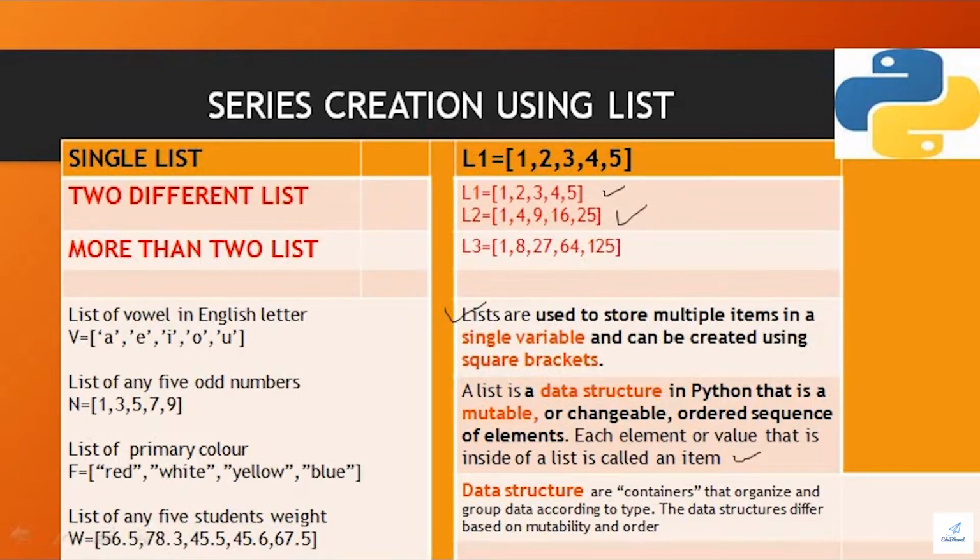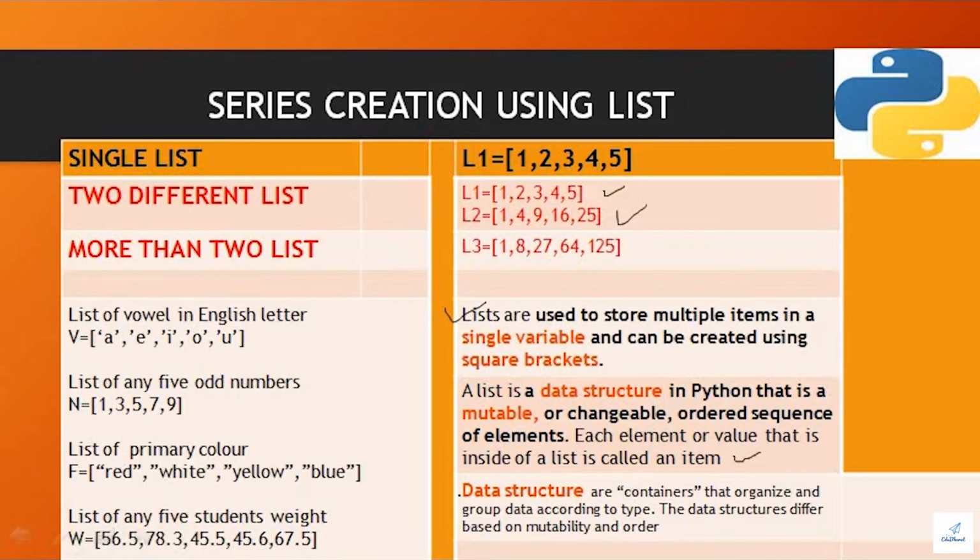Another example we can take is a list of vowels in English letters. As you know, there are 26 letters in the English language, with 5 vowels and 21 consonants. So we have taken the list of 5 vowels. Next, a list of any 5 odd numbers: 1, 3, 5, 7, 9.